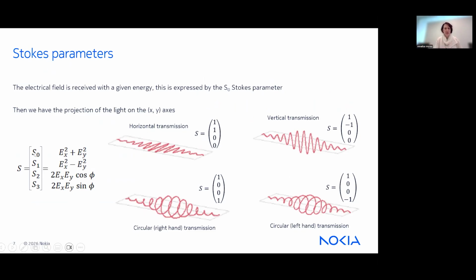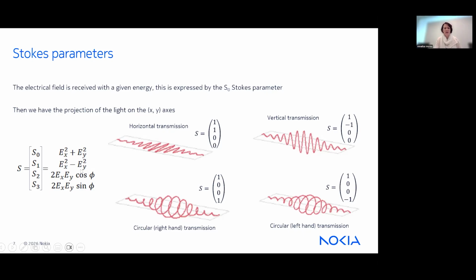The S0 parameter gives us an idea about the overall electrical field, and then S1 describes how this wave is propagating along the X or Y axis. For example, the horizontal transmission is given by the S1 parameter equal to 1, while the vertical transmission has this parameter equal to -1, and this can also be deduced by this formula.